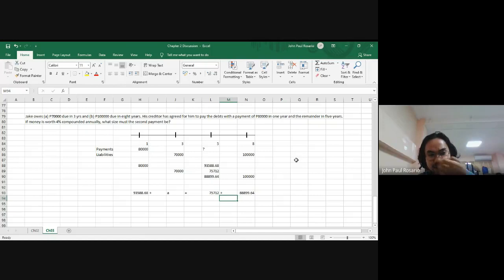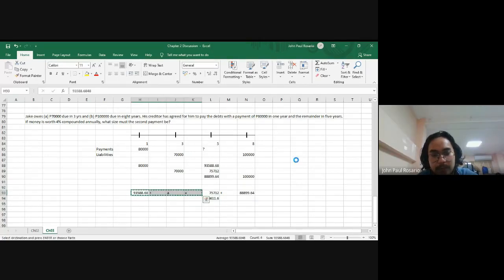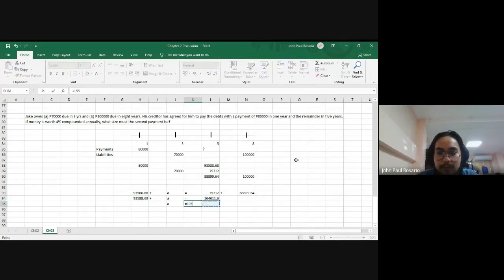Actually, guys, it's very simple. You can add them, and then what remains is the unknown. A is equal to this one less this one. Let's see if I'm right. The answer is, oh my God, am I right?